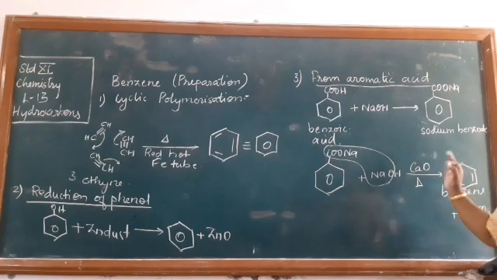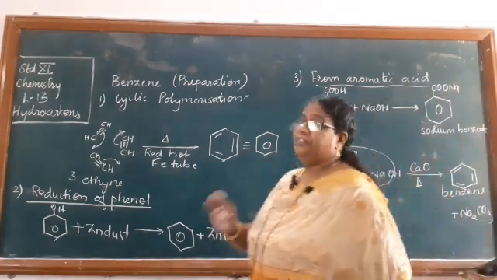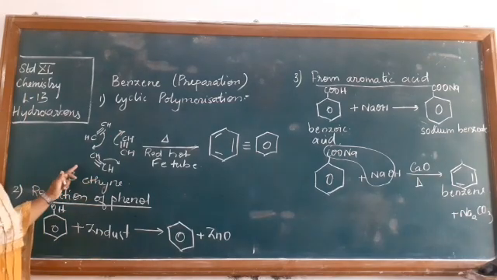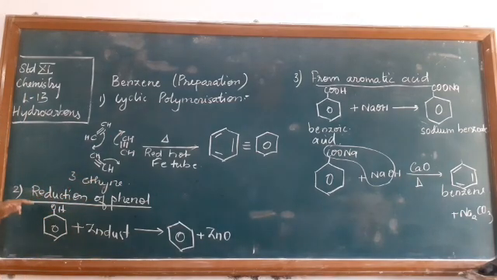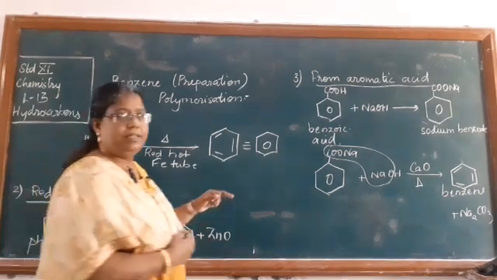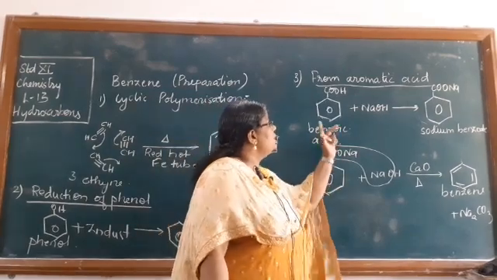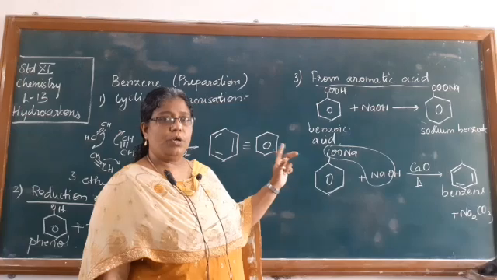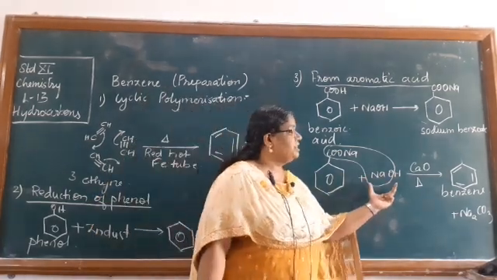So this is how you obtain benzene by different methods: from cyclic polymerization of ethyne molecules, or reduction of phenol giving you benzene plus zinc oxide. Then you have benzoic acid, which first gets converted into sodium benzoate salt, and that salt you treat with soda lime.